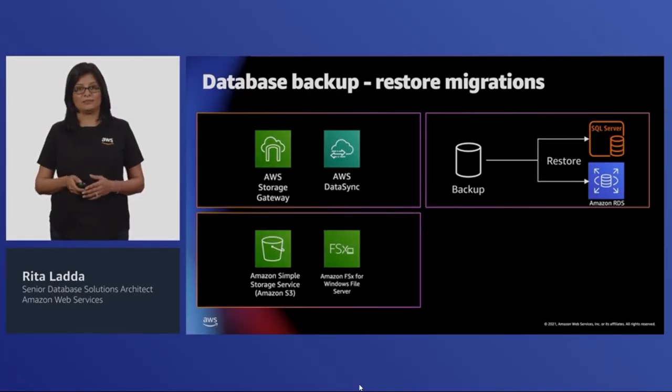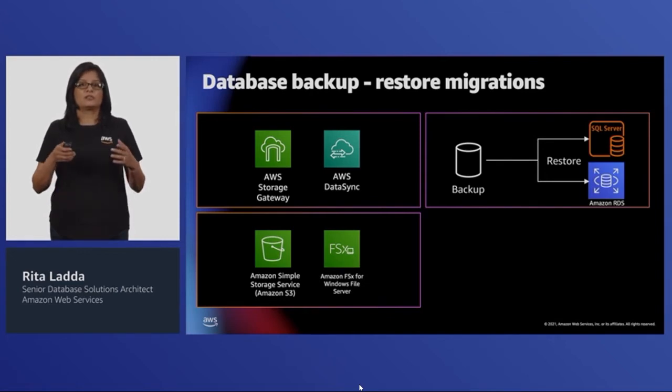You can migrate Microsoft SQL Server to AWS using SQL Server native backup and restore. AWS offers a broad set of tools and services like AWS Storage Gateway and AWS DataSync to bring your database backups over to AWS, followed by Amazon S3 and Amazon FSx to store your database backups in AWS.